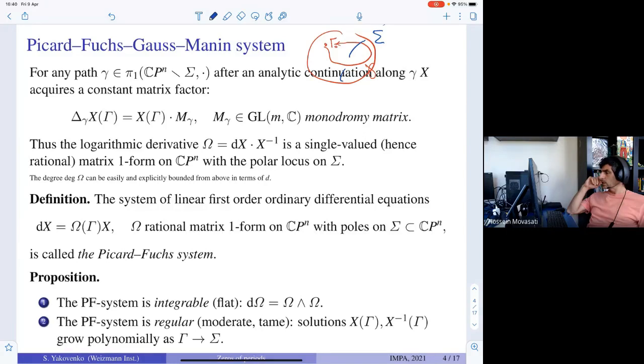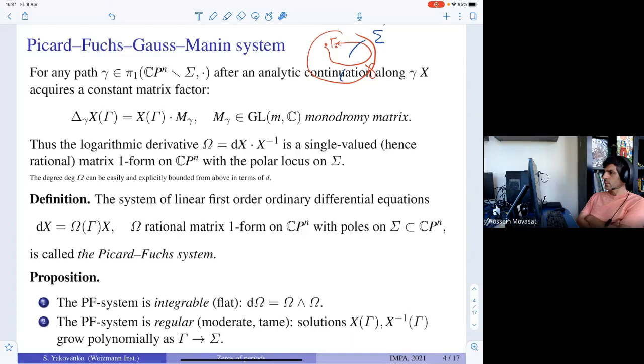Then what happens with the period matrix? Well, the forms will, of course, go back to their initial positions because they are globally defined and have no singularities. But the cycles can undergo a non-trivial transformation, which is called the topological monodromy. The topological monodromy means that the matrix of periods gets multiplied from the right by a constant matrix, which is called the monodromy matrix.